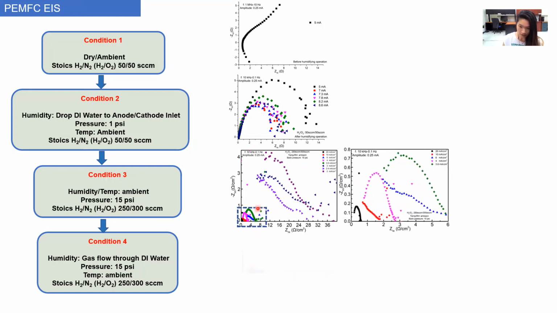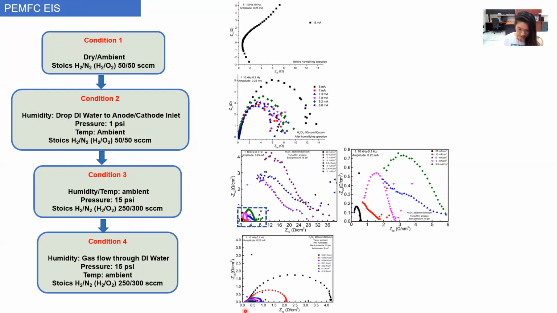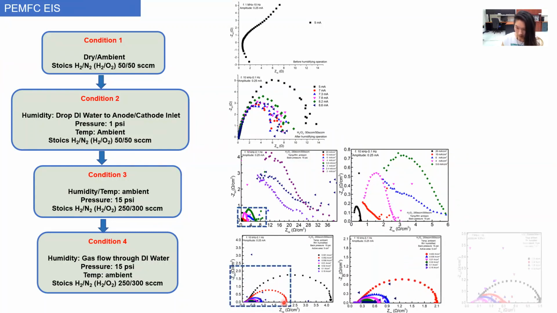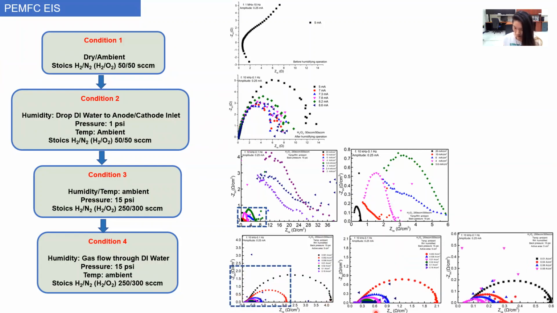After humidification, we can see the clean charge transfer semicircle. We also observe that at a higher current density, the ohmic resistance is decreased for the pink curve.